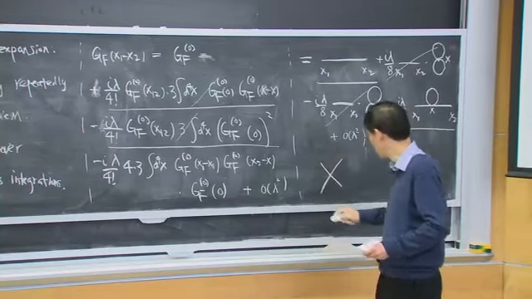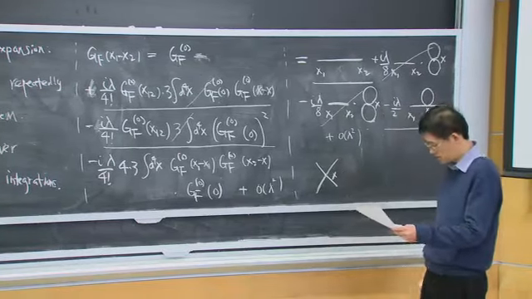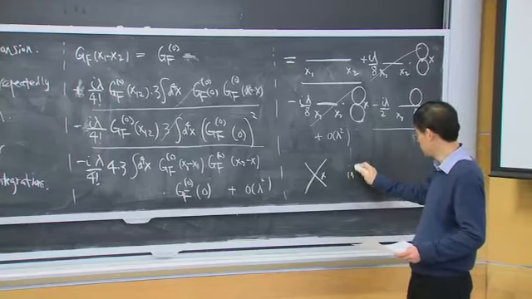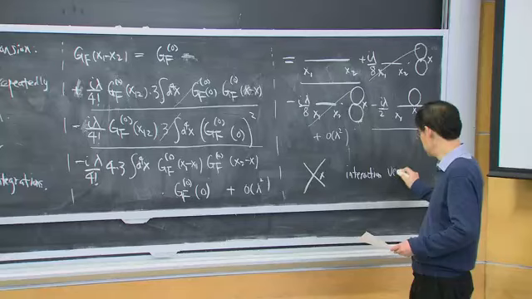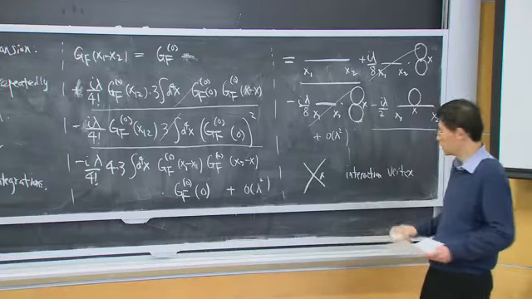You have 4 legs or phis. And so we call this an interacting vertex.